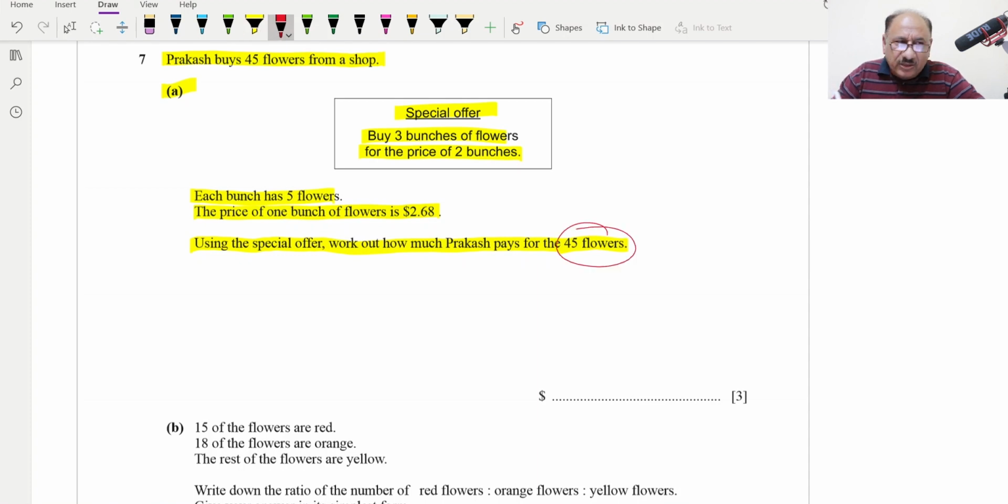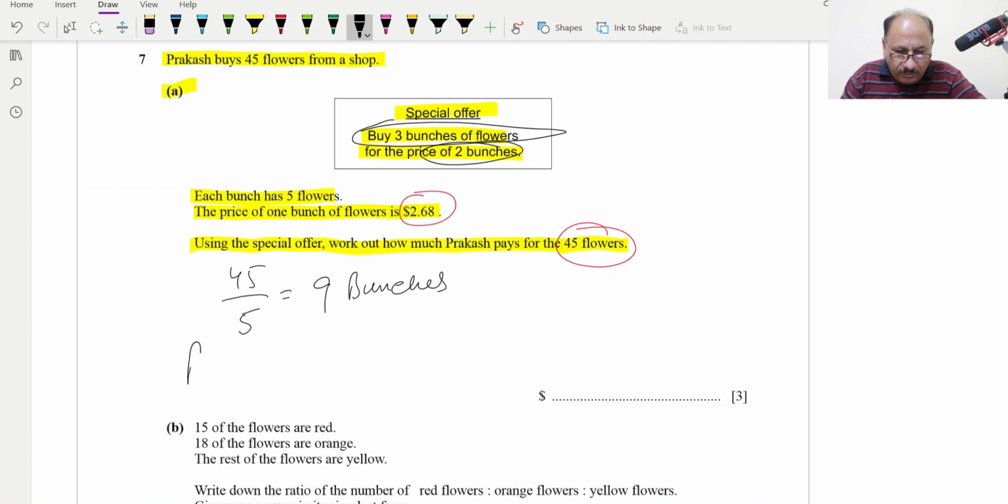So target is 45 flowers and one bunch price is this one. So 45 divided by 5, he will be buying 9 bunches basically, because there are 5 flowers in each bunch. So 9 bunches will be bought, and to buy 9 bunches he will be paying for 6 bunches. So price of 6 bunches will be what?